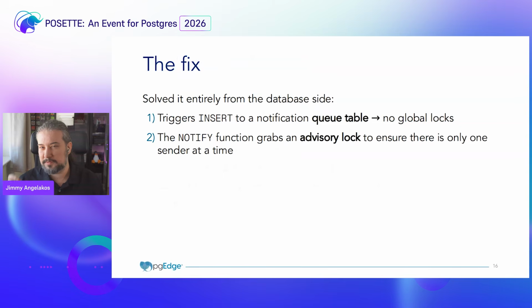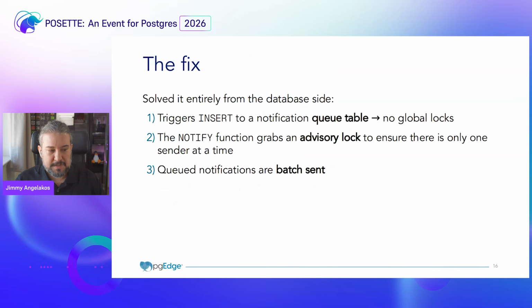Remember, we don't want contention on this global notify lock on the database catalog. So the third thing is after you have obtained this lock within this trigger function, you send the notifications that have queued up to that point.